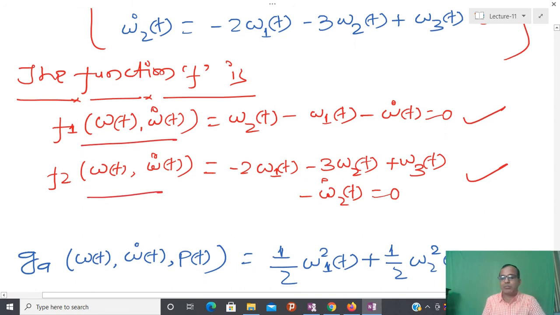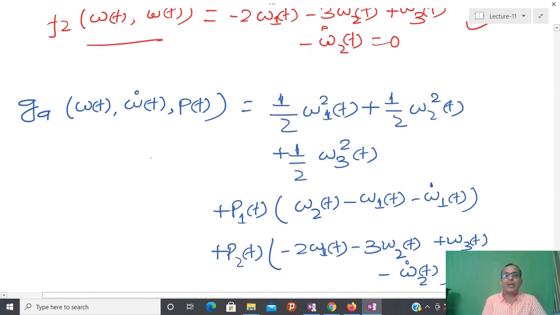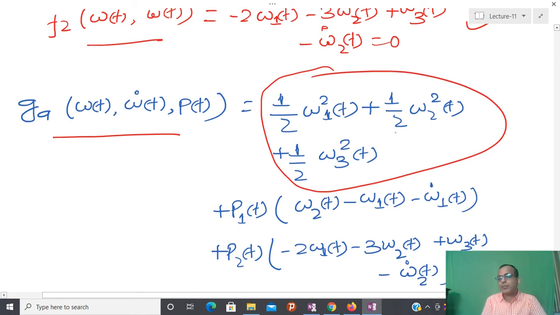So I have done this kind of representation, and after that I have to define the augmented function, because I am going to use the Euler equation, and I am going to take the help of the original functional, that is, the quantity inside the integral.